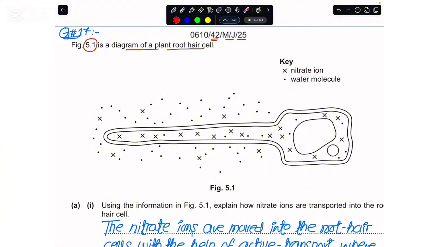So if you were to simply see, we have got higher concentration of the nitrate ions in its cytoplasm and lower concentration of the nitrate ions in the soil that is surrounding these cells.